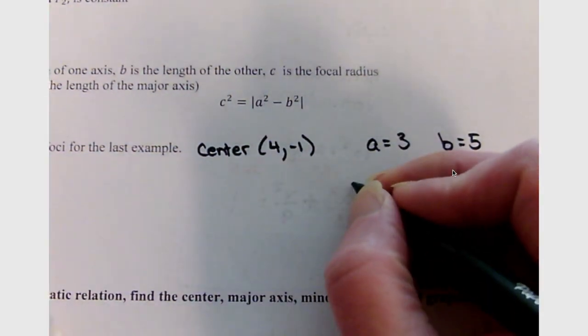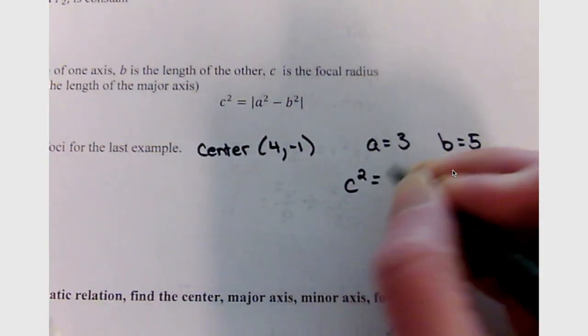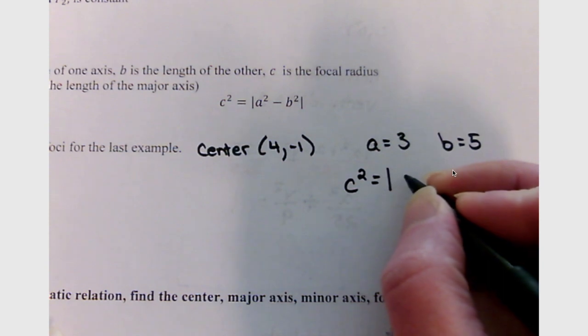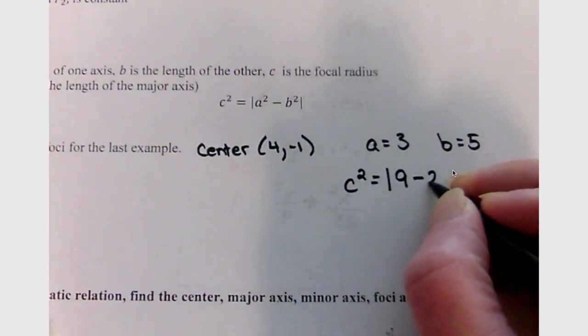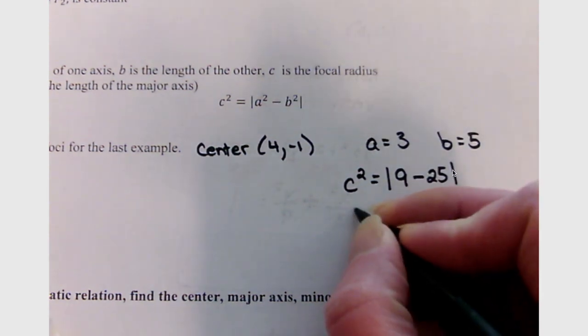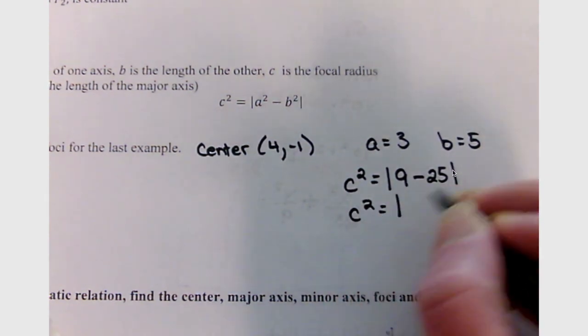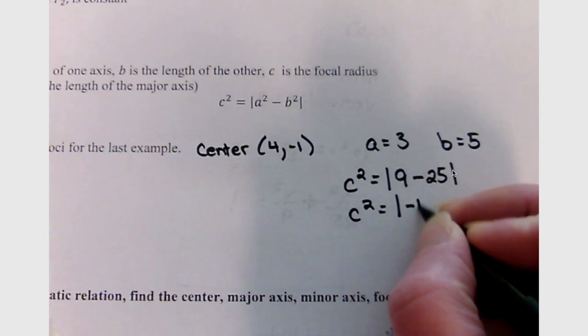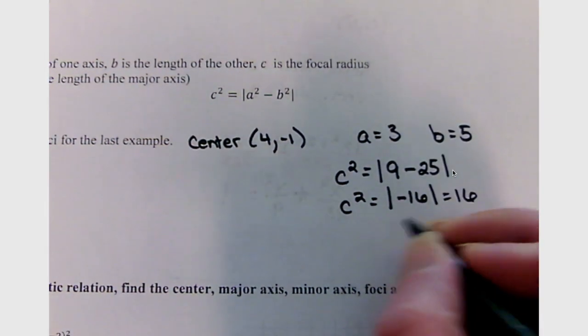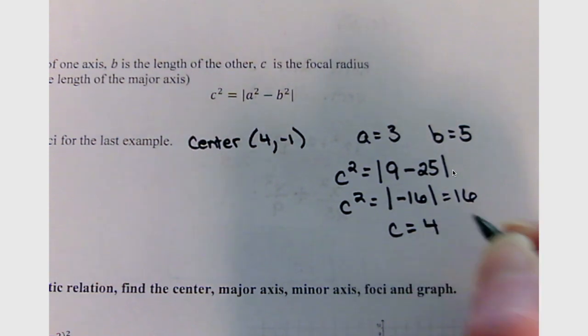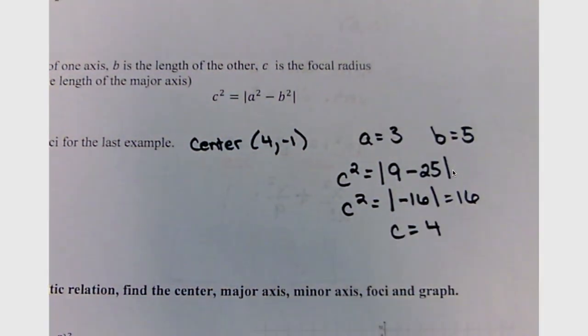I'm going to take C squared equals the absolute value of A squared minus B squared. 9 minus 25 is negative 16, so that's going to be a 16. So C is 4. Now I have to think about which way the foci would be located.